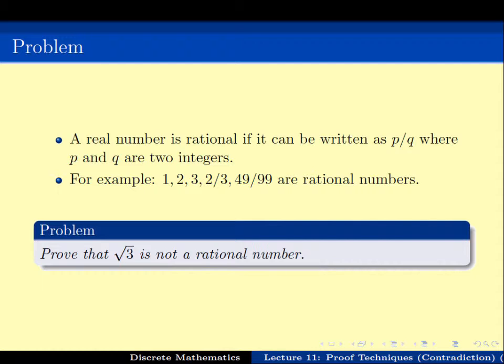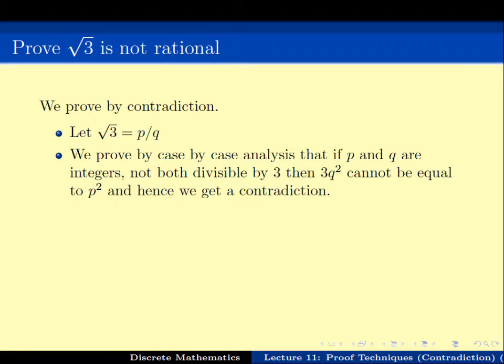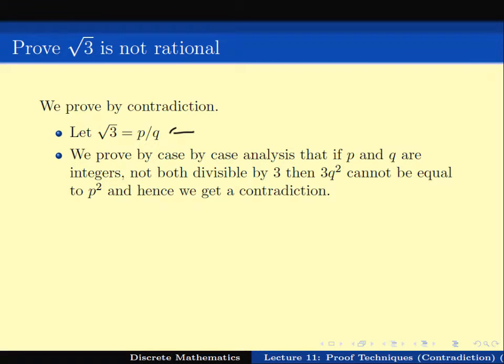Now we prove it using contradiction. Let us assume that square root 3 is rational, or in other words, square root 3 is equal to p by q. So that is the assumption. This is the contradiction part, right? This is the not B part.